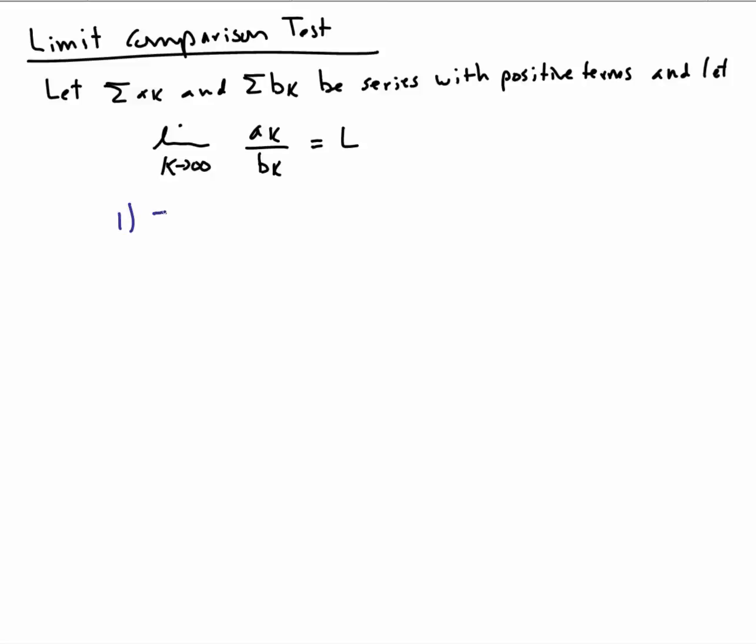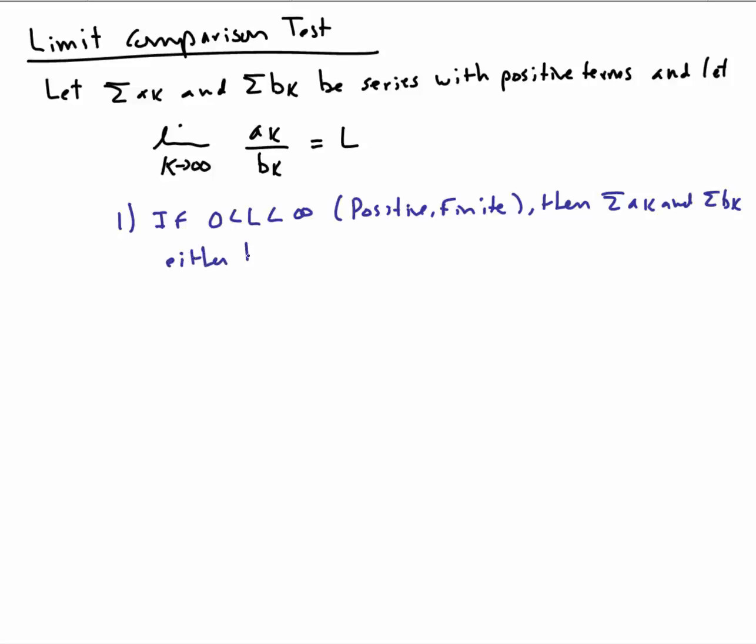The first thing is, if this value of L is between 0 and infinity, and what this means here is that positive finite, so those are the two words I'm looking for here, are both positive and finite, then the series a sub k and the series b sub k either both converge or both diverge.